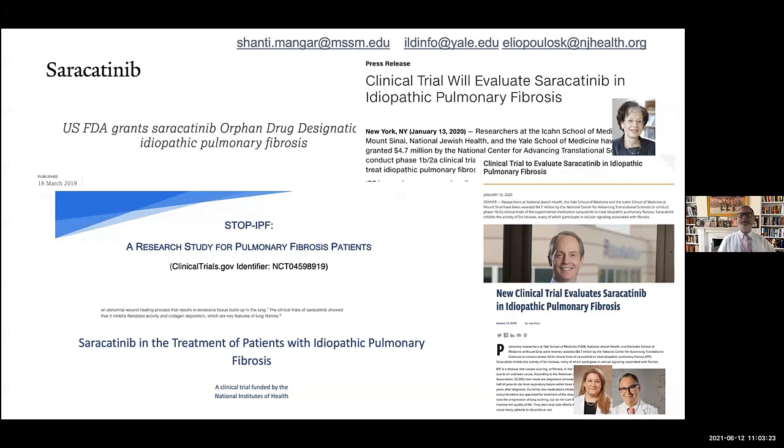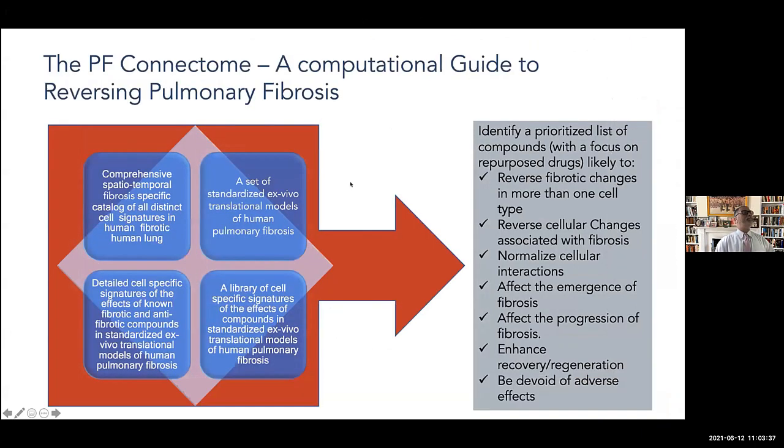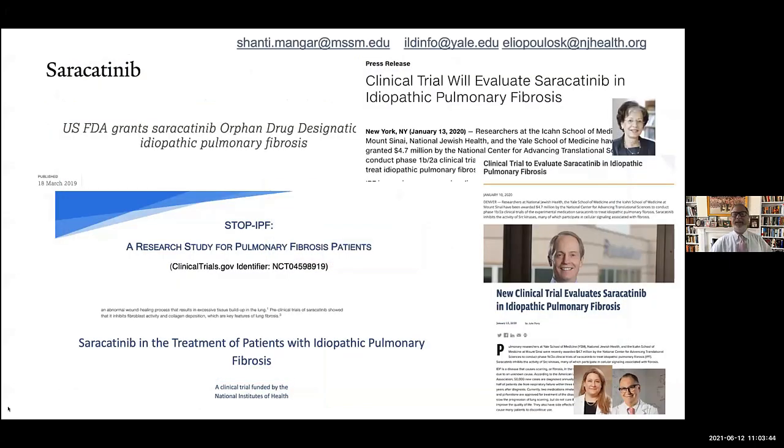I put on top the emails of the people you can contact in Mount Sinai, New York, and at Yale or at National Jewish. We can also send you the emails, but really we're recruiting and we want this to happen.